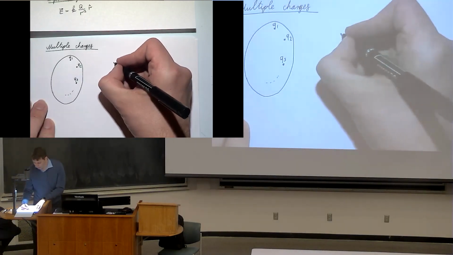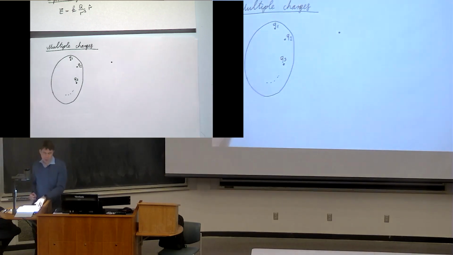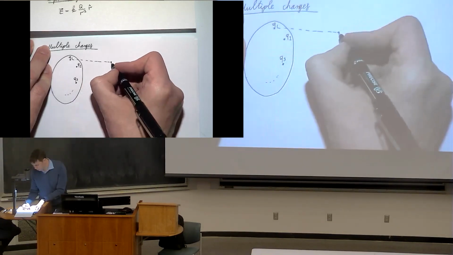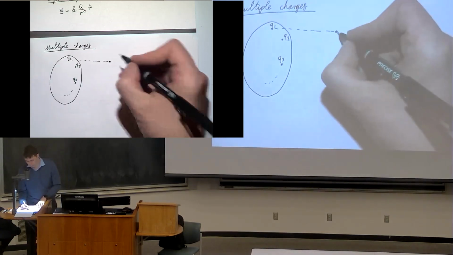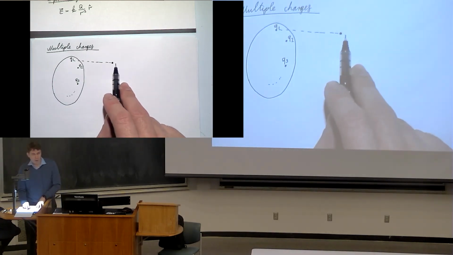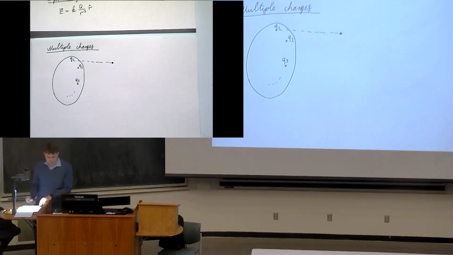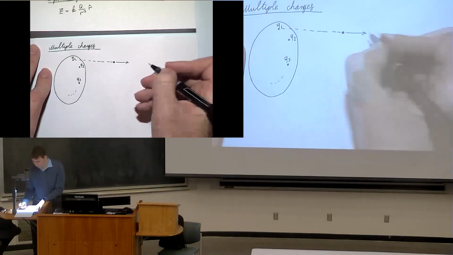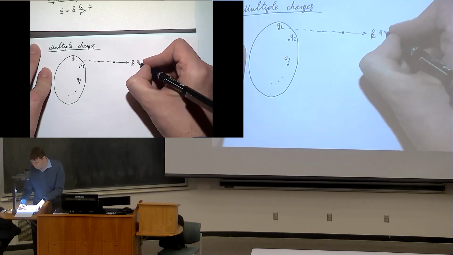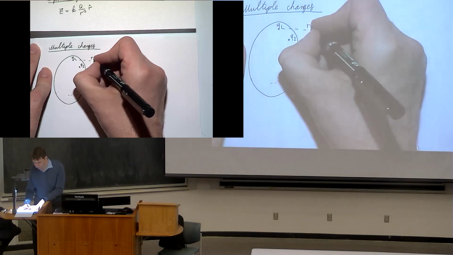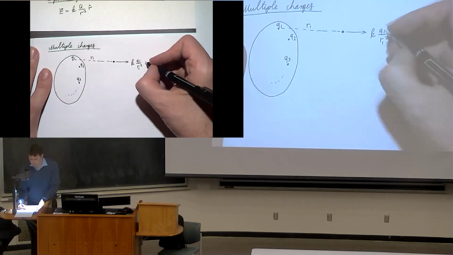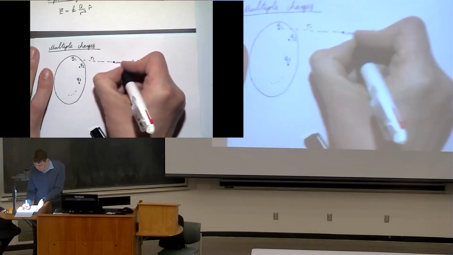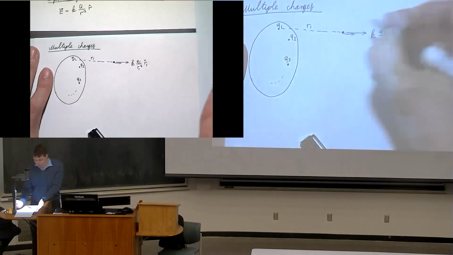If we consider an arbitrary point somewhere in space, then charge Q1 creates an electric field at this point, and its electric field is K Q1 over R1 squared R1 hat, where R1 is the distance to that charge from this point, and R1 hat is a vector along the line pointing away from charge 1.